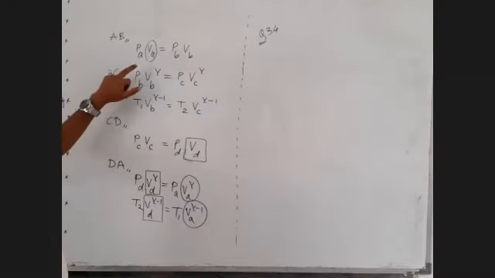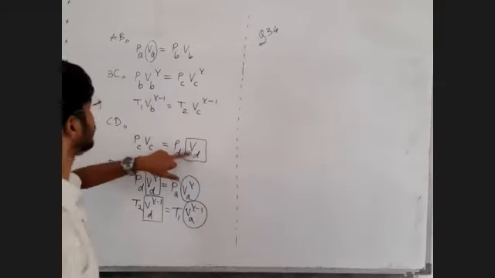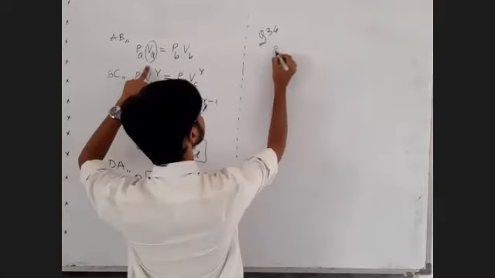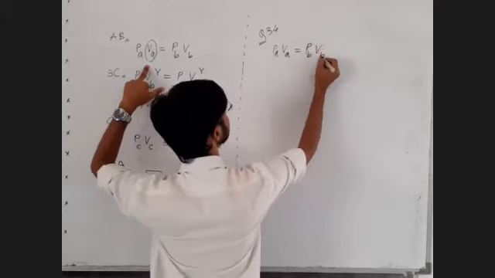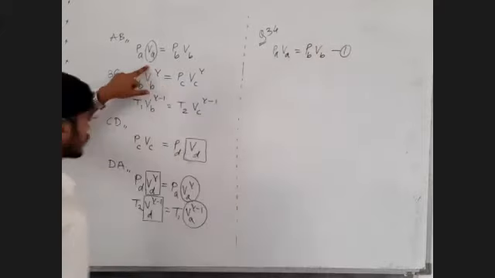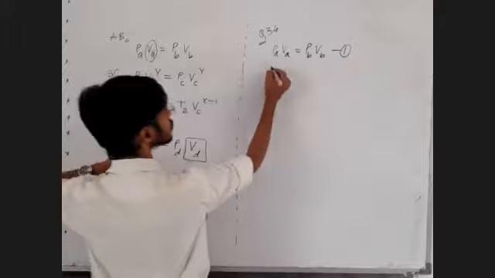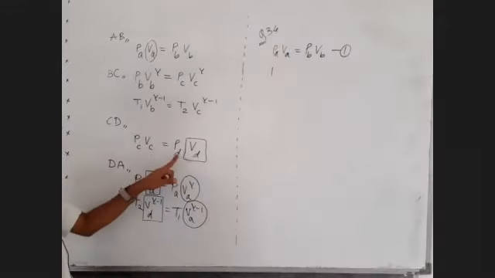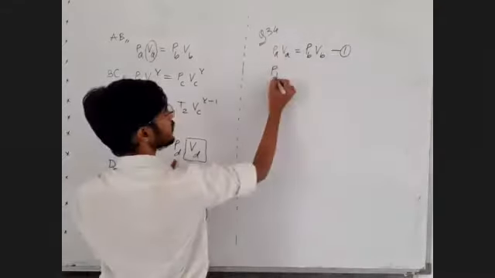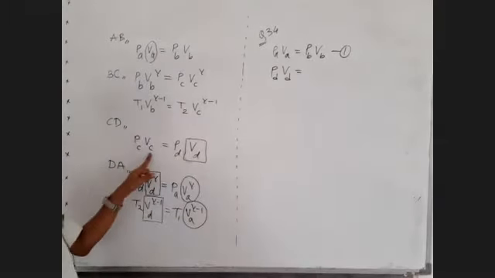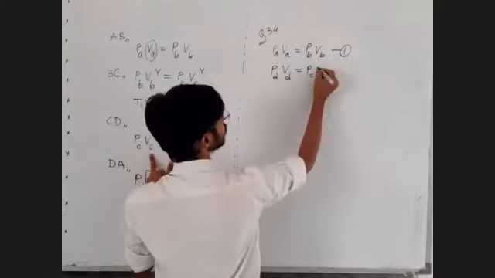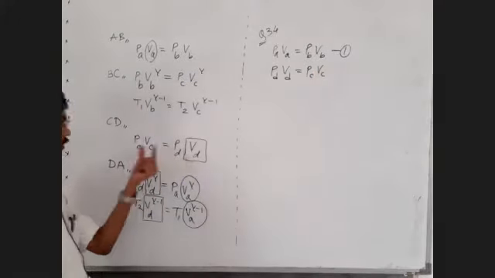What we can do is this: VA upon VD. So let us write PA VA is equal to PB VB, equation number 1, and this equation we will write it reversed. First we will write PD VD is equal to PC VC. This equal to this.